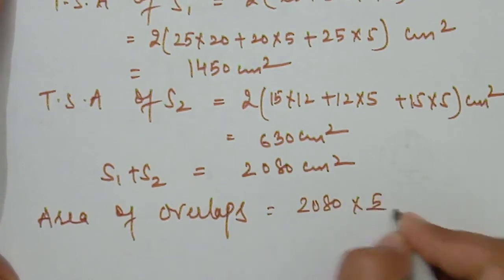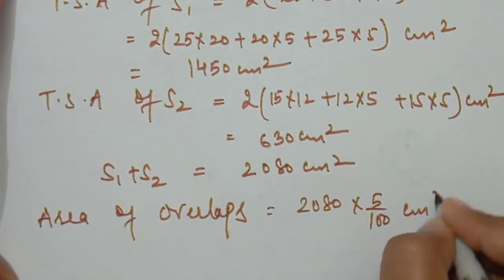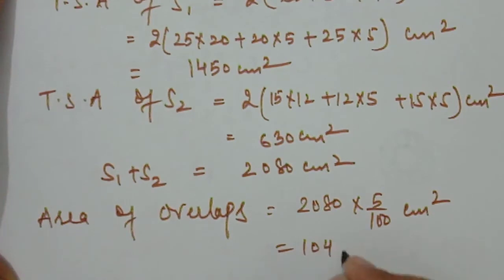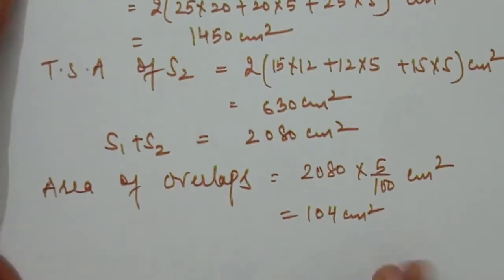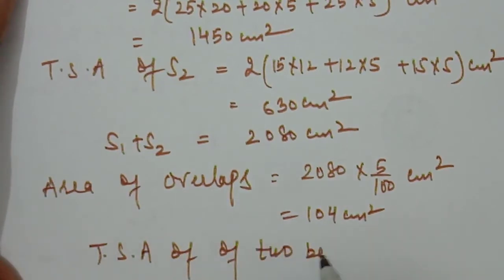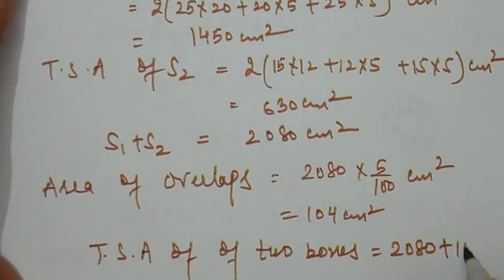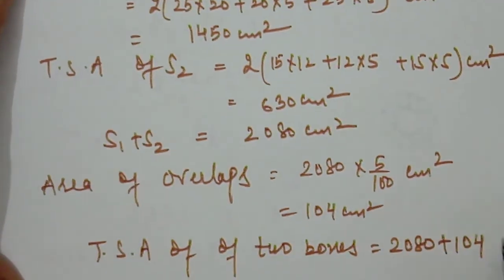So we take 5% of the total, which is 104 centimeter square. Now the total surface area of the two boxes is 2080 plus that overlapping part, which is equal to 2184 centimeter square.